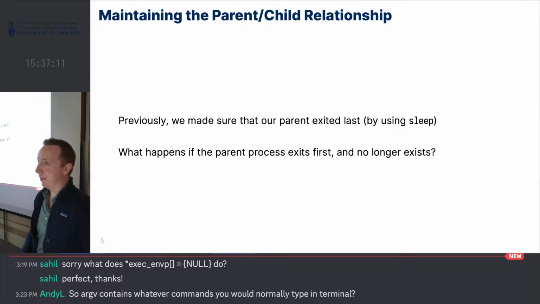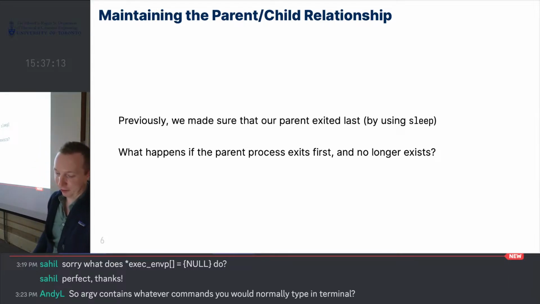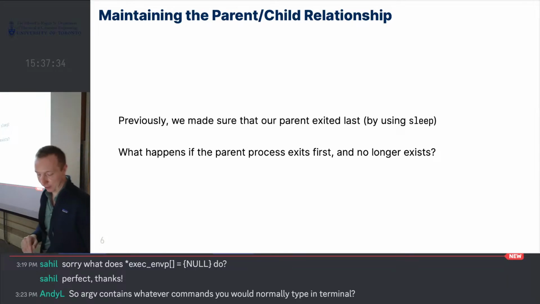Okay, so now we have to maintain parent-child relationships. Previously, I kind of cheated a little bit and neglected to tell you things, because I had that little sleep in my parent to make things easier, so I didn't have to explain this part. But now we have to argue what happens when children and parents die in unintended orders.